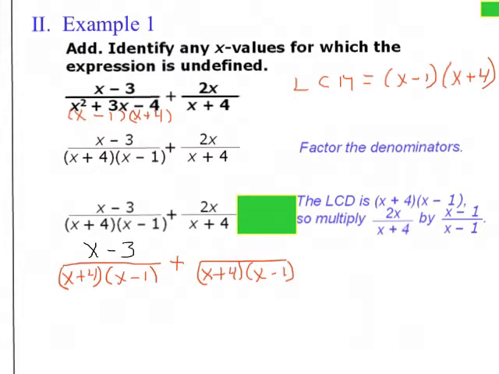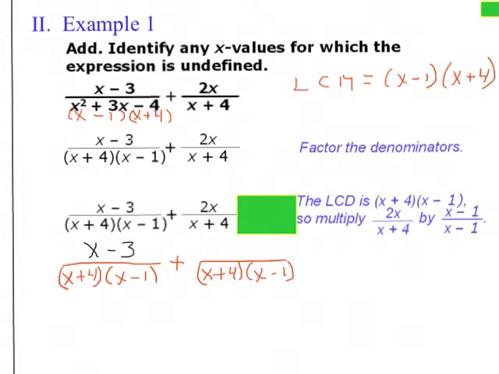So x minus 3. Now, in the second situation here, I have x plus 4. I have x plus 4. What am I missing between here and here? Well, hopefully you can see we're missing the x minus 1s. So what I'm going to do is multiply by an x minus 1.